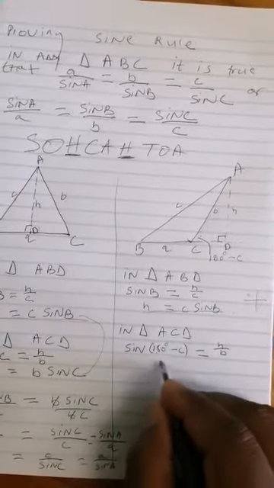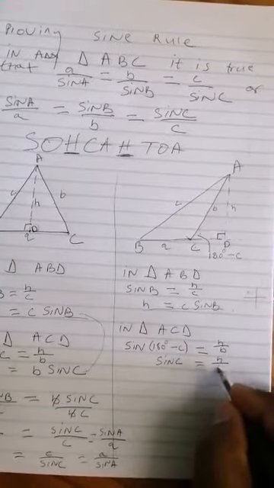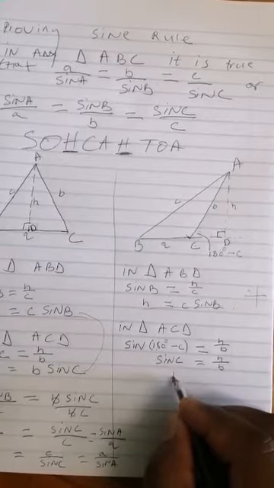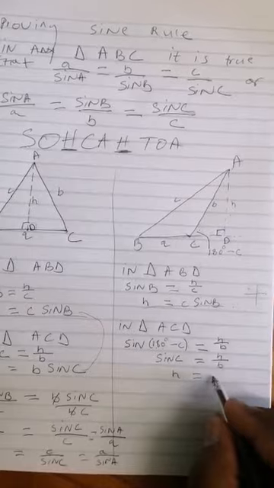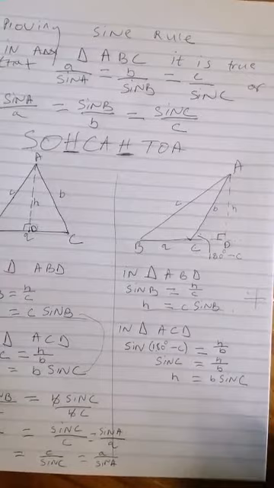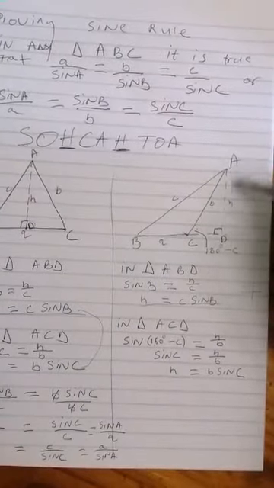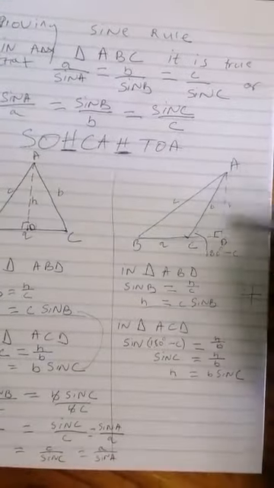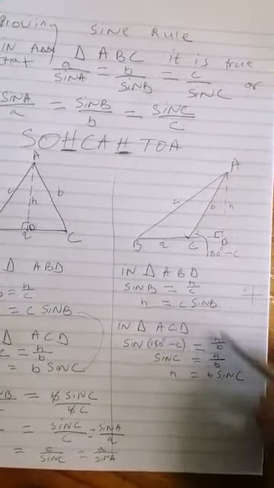So this is the same as sine C equals h over b. And if I'm looking for the height, the height will be equal to b sine C. Okay, again, remember we are talking about the same height. This same height is equal to this, and the same height is equal to that. So I can safely equate these two.